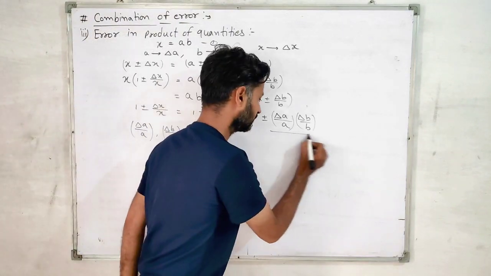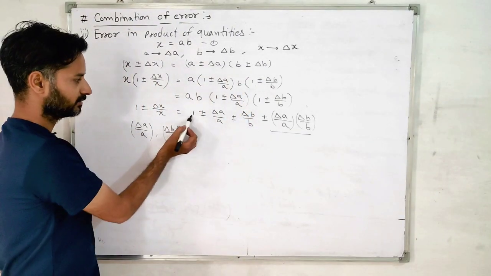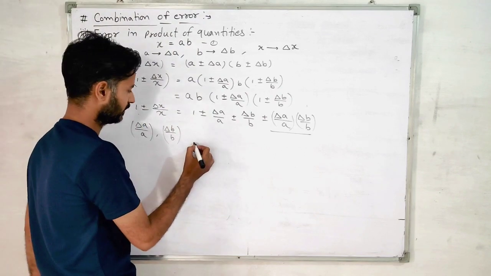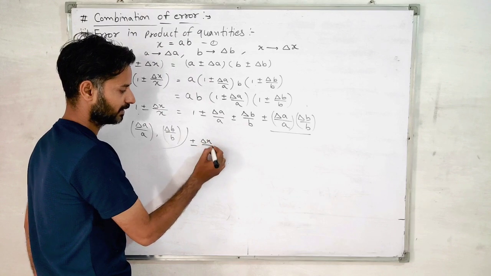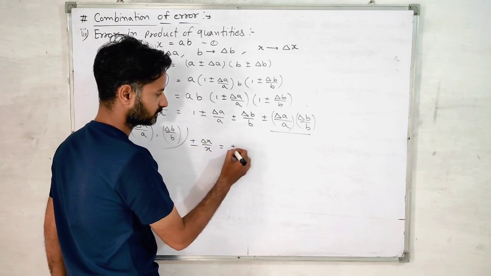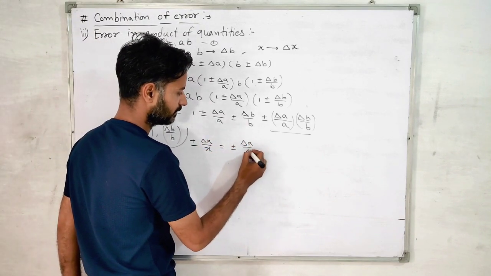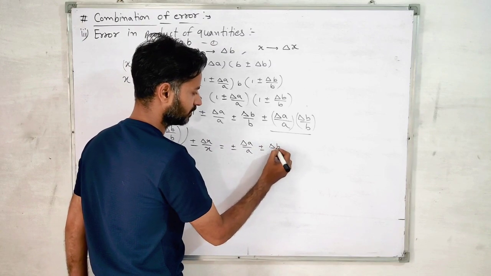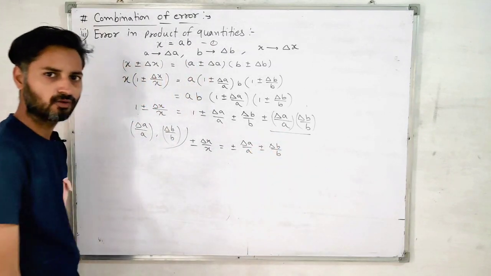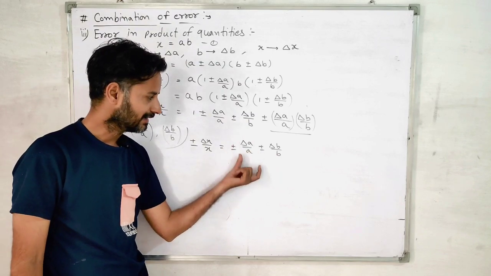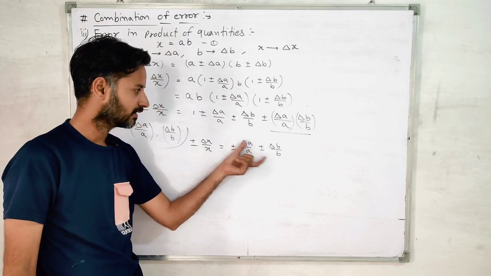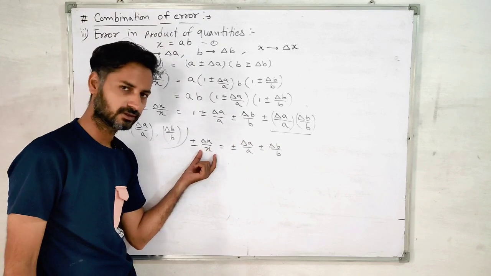If we neglect this, and this one will be cancelled with this, we get plus minus del x divided by x equal to plus minus del a divided by a plus minus del b divided by b. Now again we have four possible values of this relative error. This is relative error, this is relative error, this is also relative error.